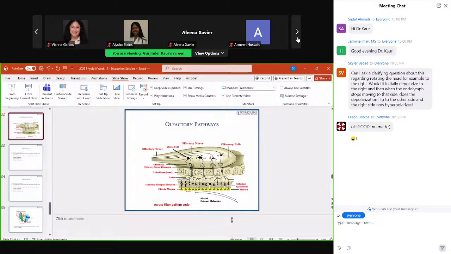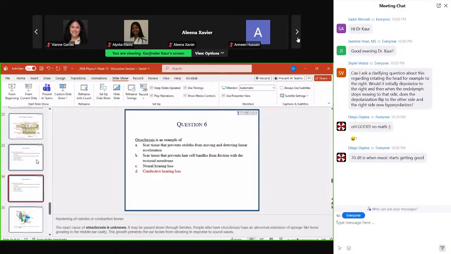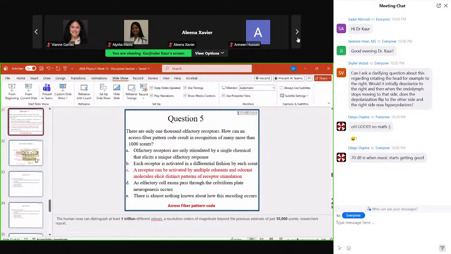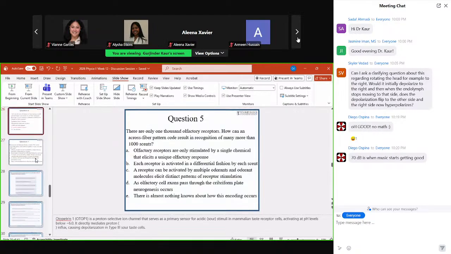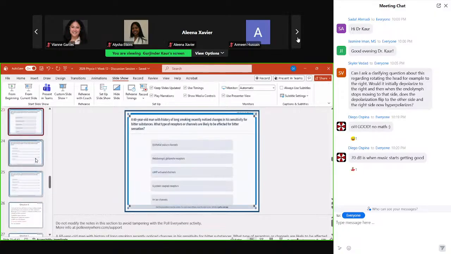Back to the taste pathway, for the physio component, I know they've already tested us on the cranial nerves, the ganglion, and the nucleus. Is that coming back for the physio portion? No, I'm just going to stick with physiology. I know there's one slide from class that has a pathway on it. Which one are you saying, Lucia?